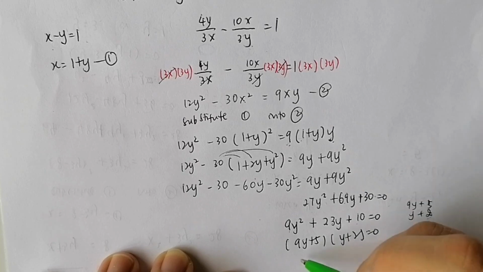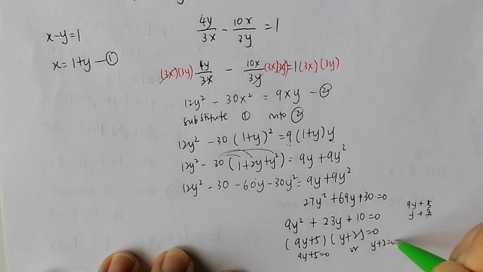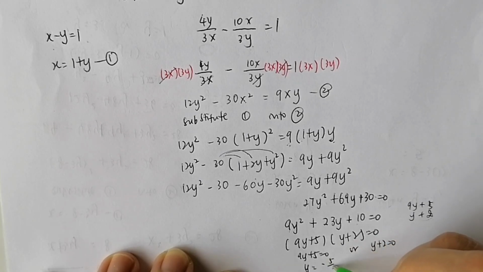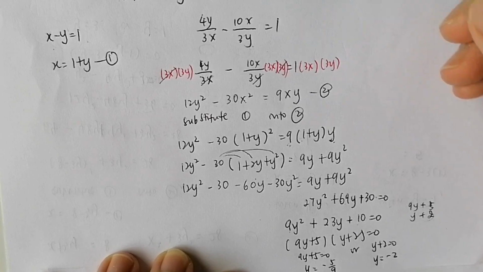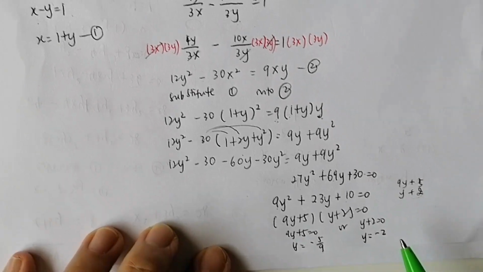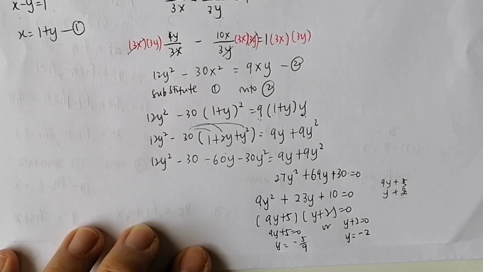That means the first, 9y plus 5 equal to 0, or y plus 2 equal to 0. So your y will be negative 5 over 9 or y will be equal to negative 2. So this will be the answer for your y. Now we are going to substitute this answer into the equation to get the value of x.